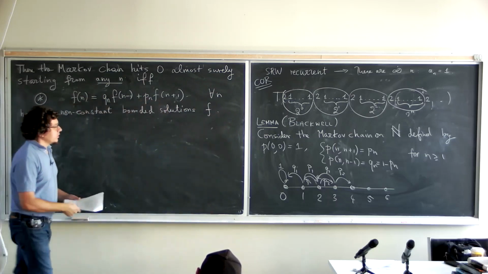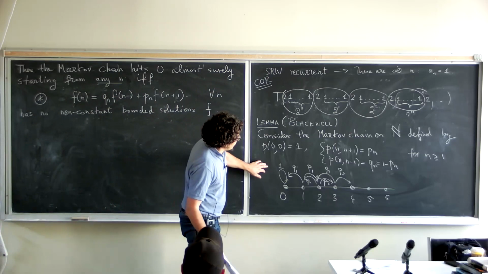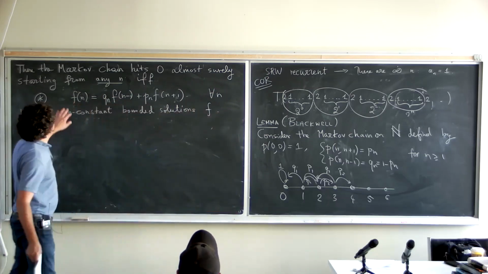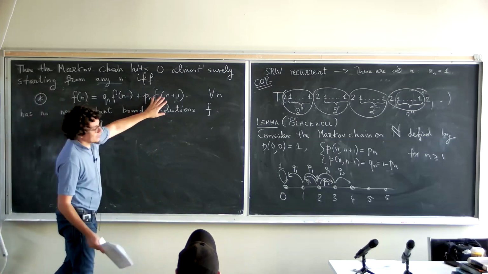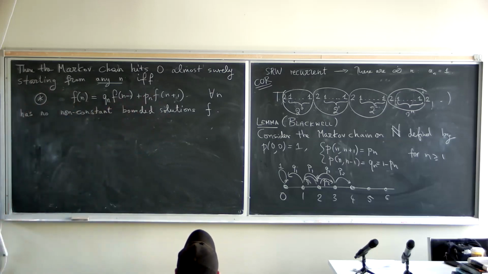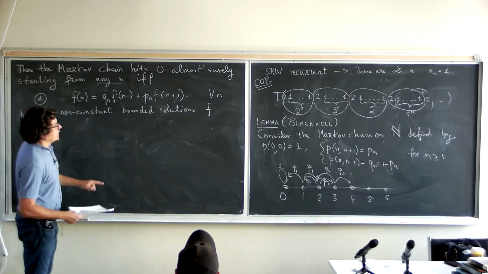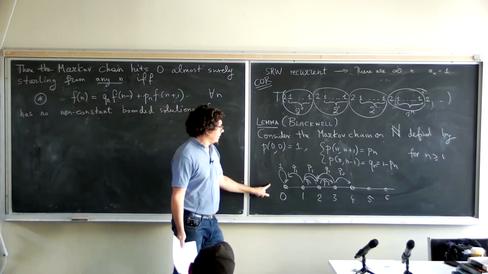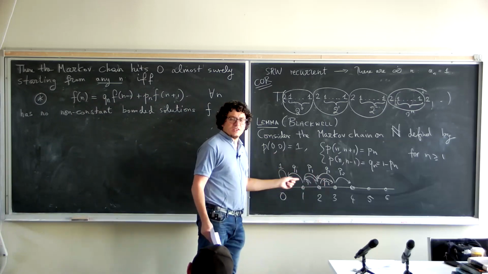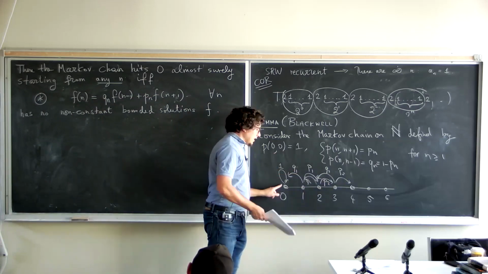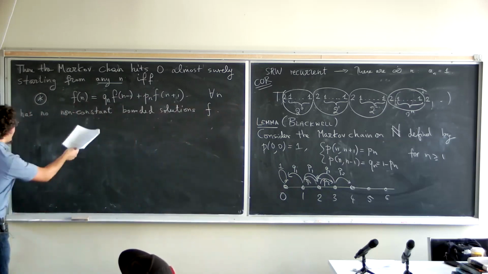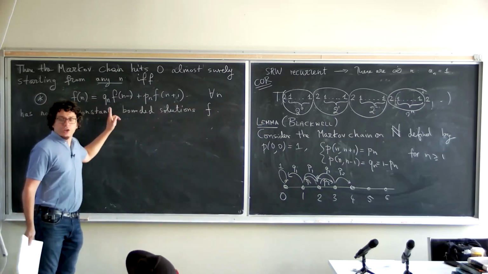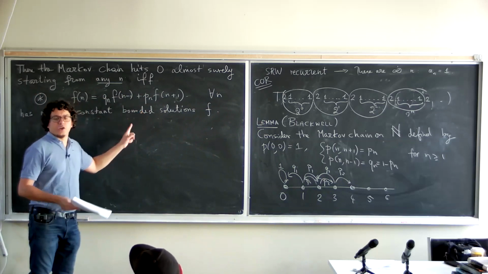So you see, we start with a random process, and here we come up with some sort of discrete differential equation, so to speak. So we want to say that if the walk is transient, meaning that you're not gonna hit 0 almost surely, then you can find a non-constant solution to this equation, and vice versa.